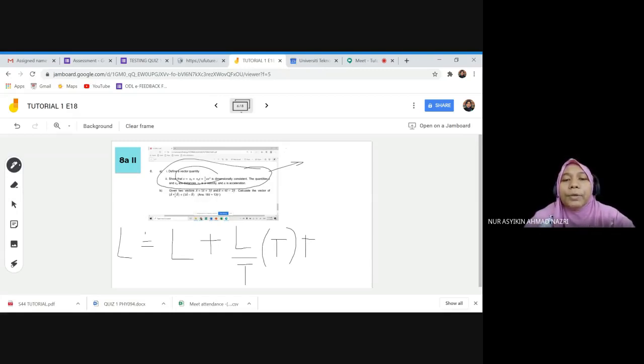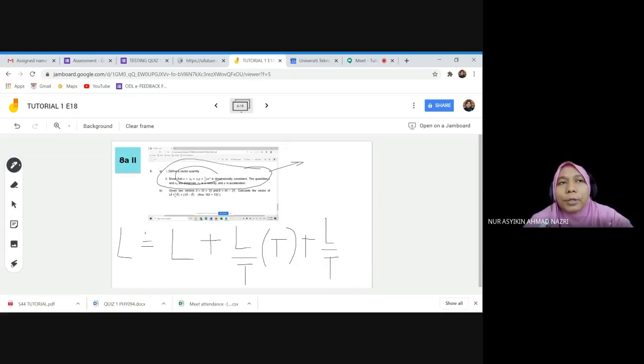Okay. In your dimensional analysis, we are not going to consider coefficient, factor, atau perkali dia. We only consider the power tu kita akan consider. Contoh for this case L over T, I mean acceleration.